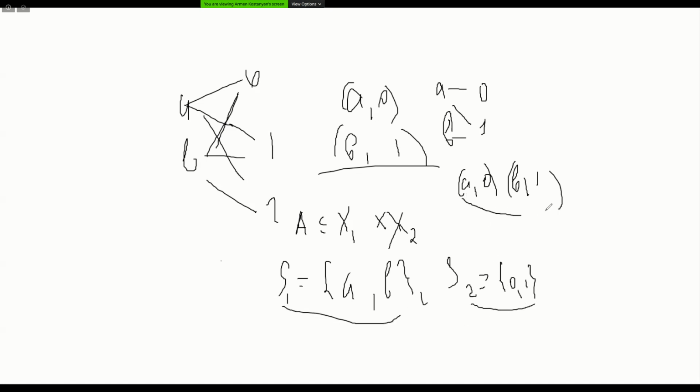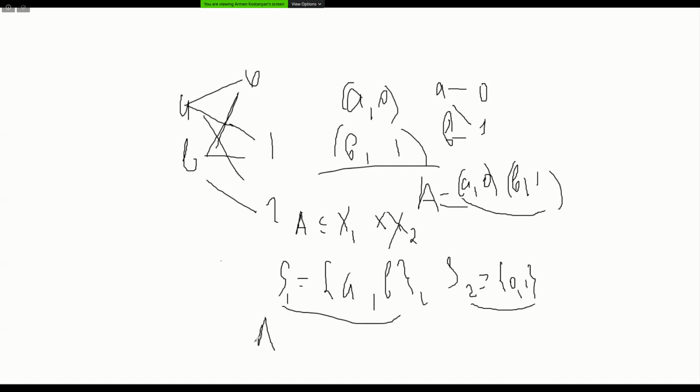This is some subset belonging to our Cartesian product. Suppose we choose A together with 0 and B together with 1.